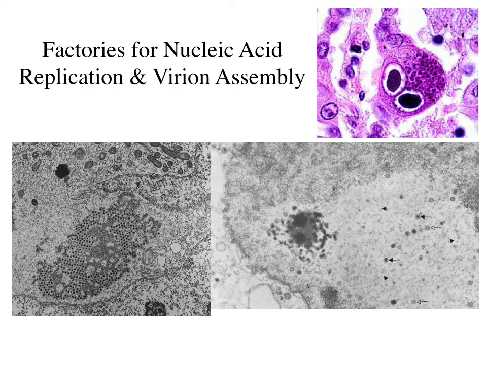So, for instance, herpes virus inclusion bodies often show up in the nucleus. And it's interesting because these particular structures are large enough that they can be visible in a light microscope. So normally you can't see virus using a light microscope.